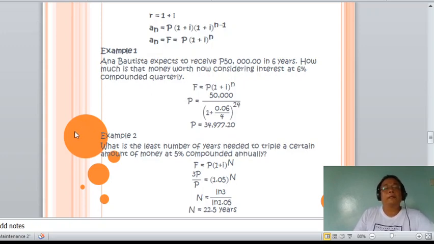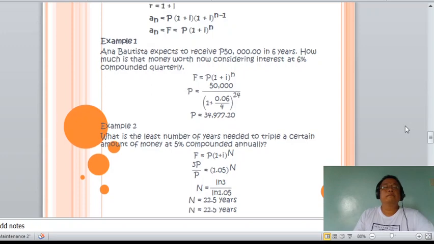So, 3P over P, P will be cancelled out, equals 1.05 raised to n. So, the natural logarithm of 3 divided by the natural logarithm of 1.05. Therefore, the number of years for money to triple at 5% is 22.5 years.